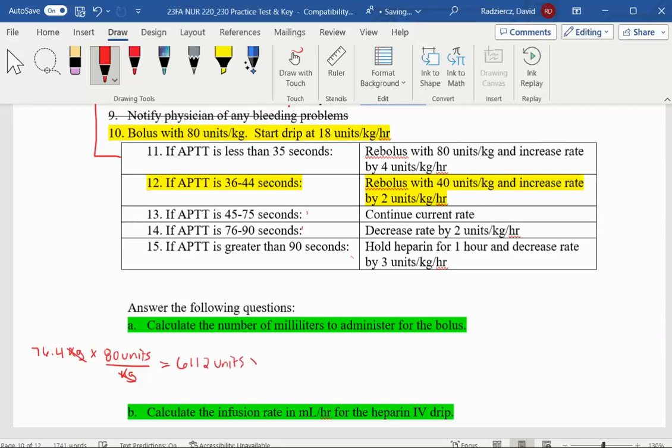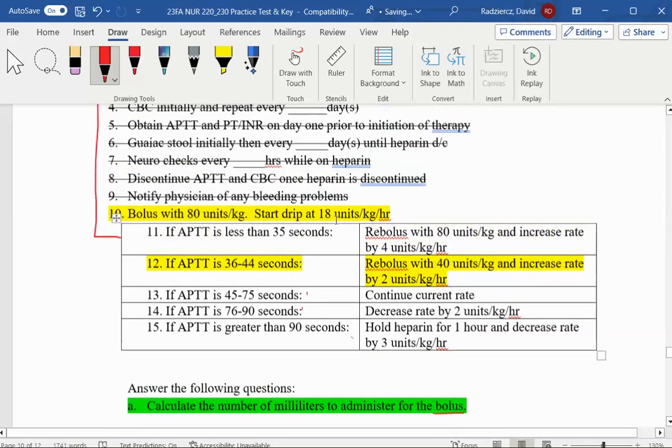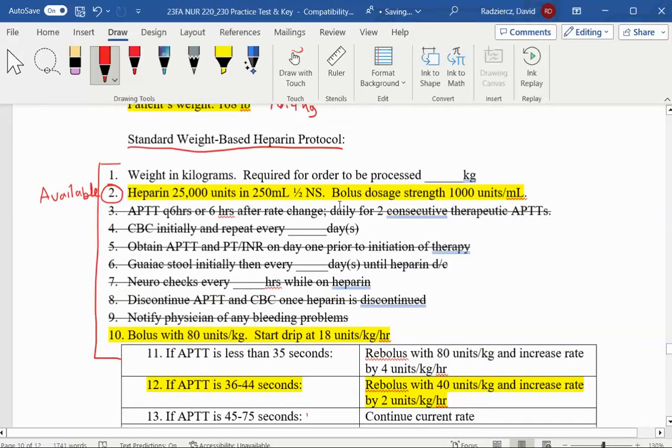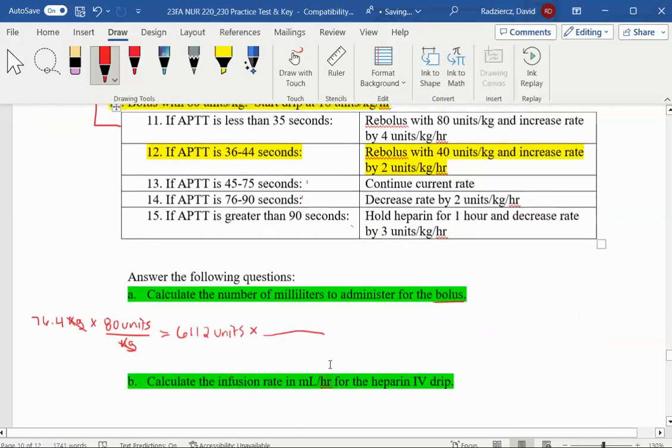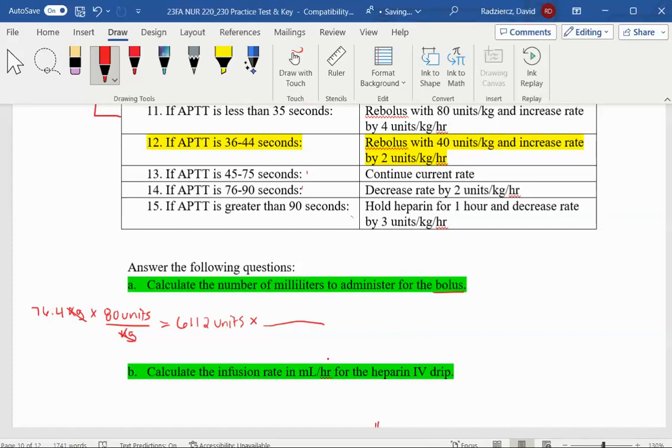And then I'm just going to convert units to milliliters. Now we're calculating a bolus, so I need to pay attention to what my bolus dose strength is, and make sure I'm using the bolus dose strength. Notice the bolus dose strength is 1,000 units per milliliter. I don't want units, I do want milliliters.